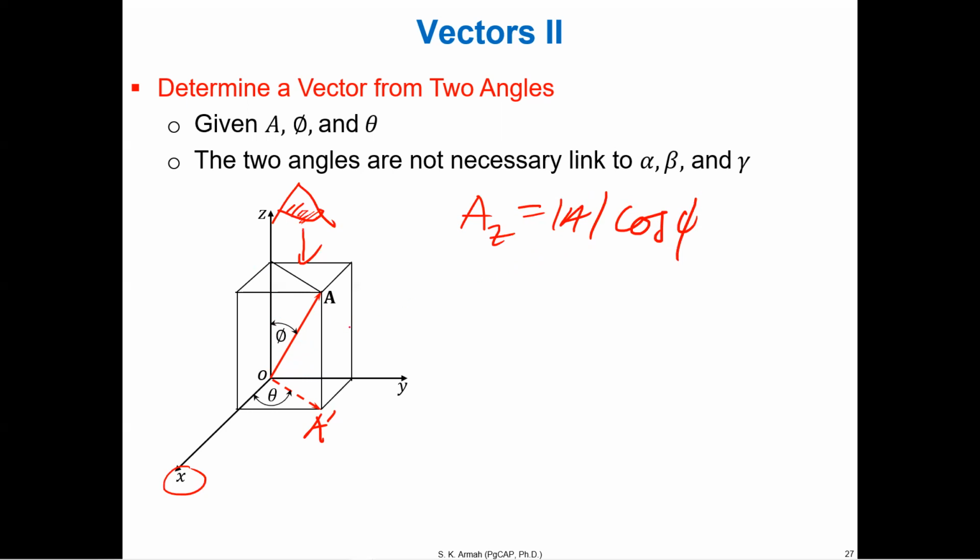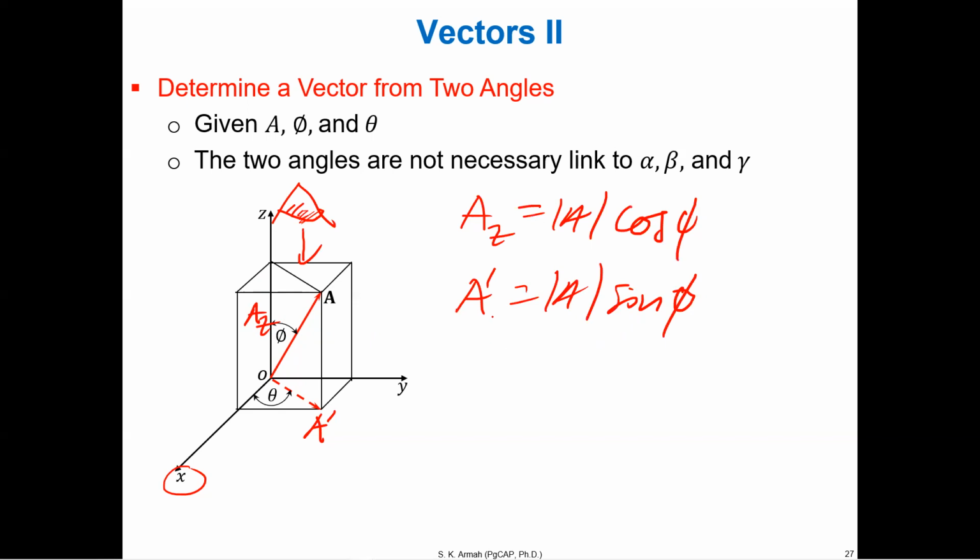Then if this side is the cosine, the other side is the sine. The sine part is what I'm calling A prime, which is the magnitude of A sine phi.